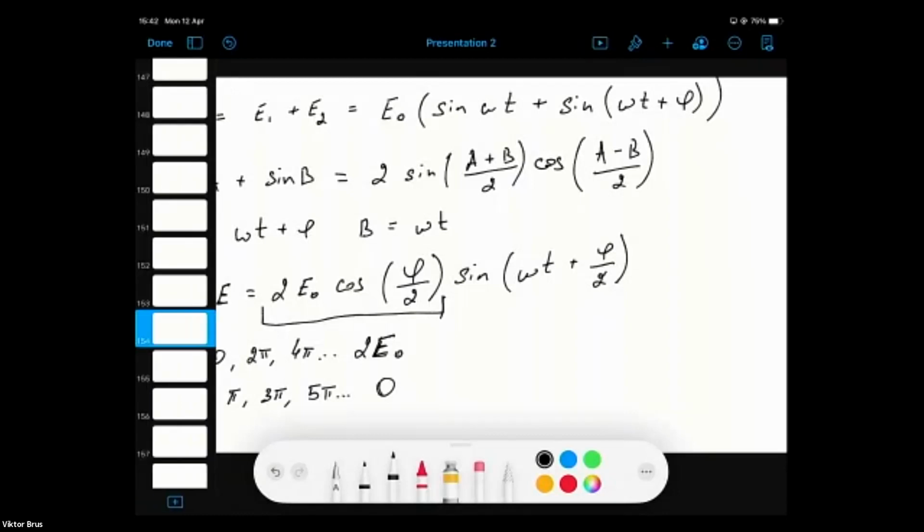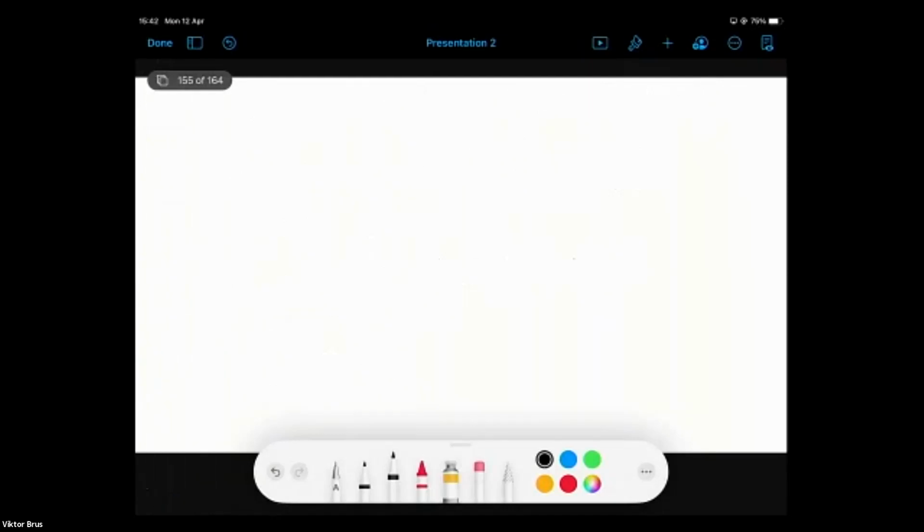So now we know that light intensity, so our goal was to understand how light intensity is distributed along the screen, like in between the centers of bright and dark fringes. So light intensity, I, is proportional to the square of the electric field in the electromagnetic wave, which is the result of interference.